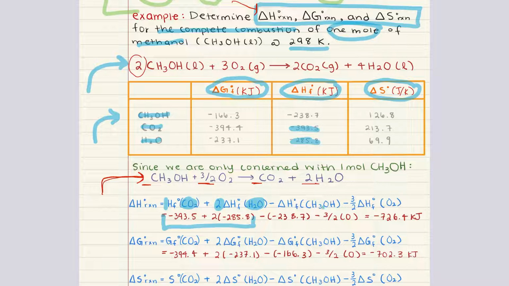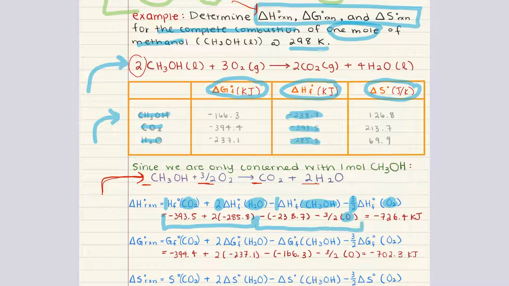Our reactants are methanol and oxygen gas. The coefficient associated with methanol is 1, and for oxygen gas, it's 3 divided by 2. We can go ahead and get the standard enthalpy of formation for methanol from the table and plug that in. For oxygen gas, since this is in its standard elemental form, the enthalpy of formation is just going to be 0.